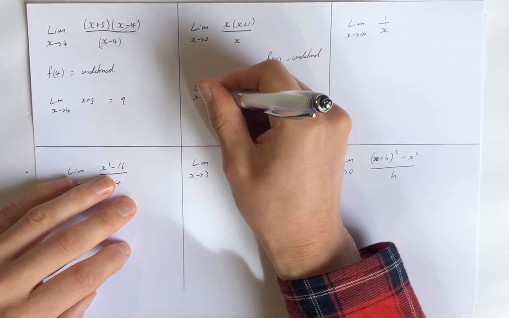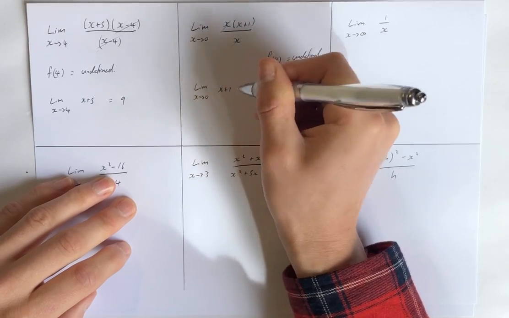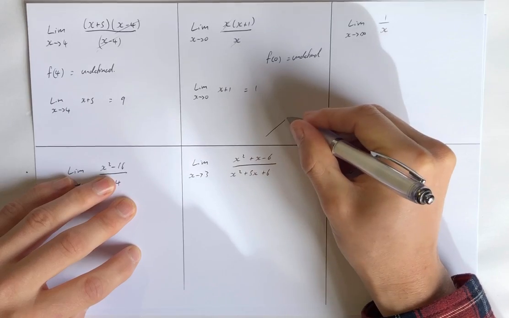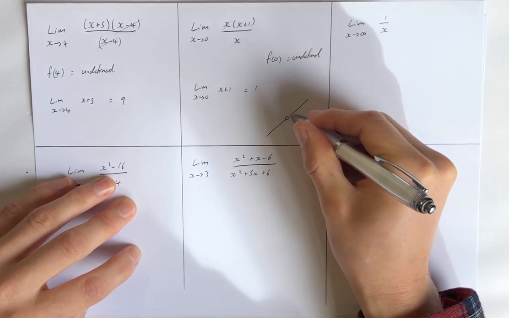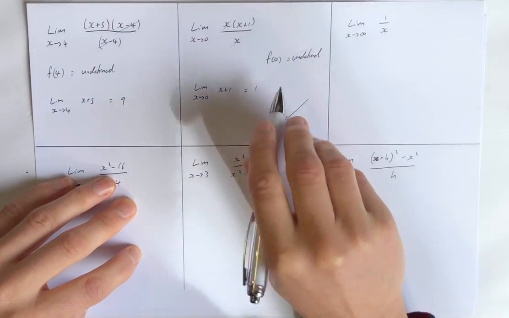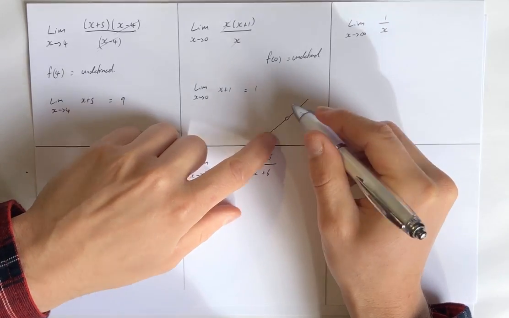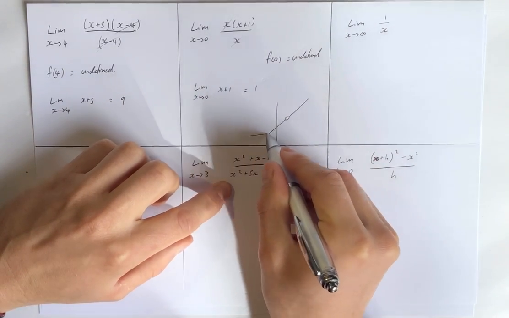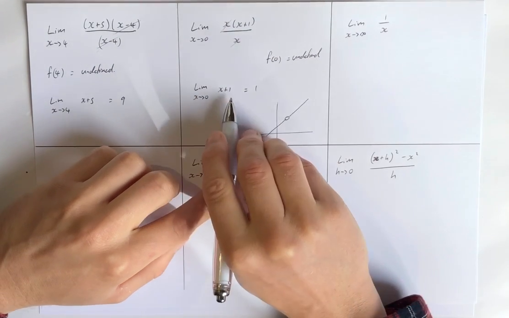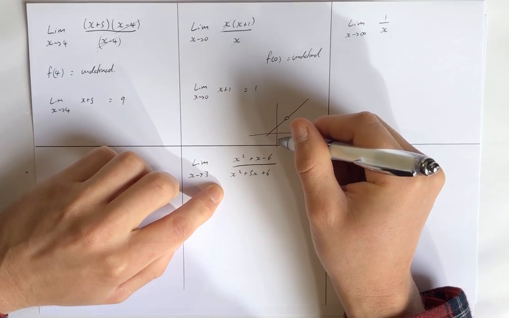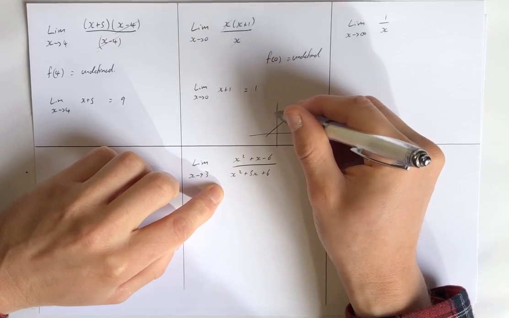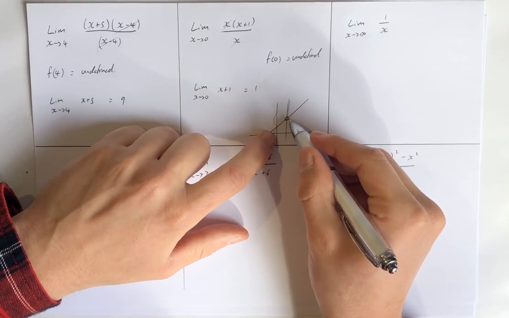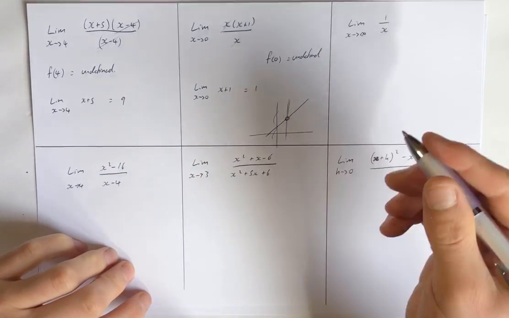The limit as x goes to 0 of x plus 1 is 1. And again, it's a straight line with a gap in it. It's undefined at 0, but if you got closer to that value, you would get closer to 1. Sorry, that would be not there, that would be through that there. It's undefined on the y-axis, but you would get closer to 1.